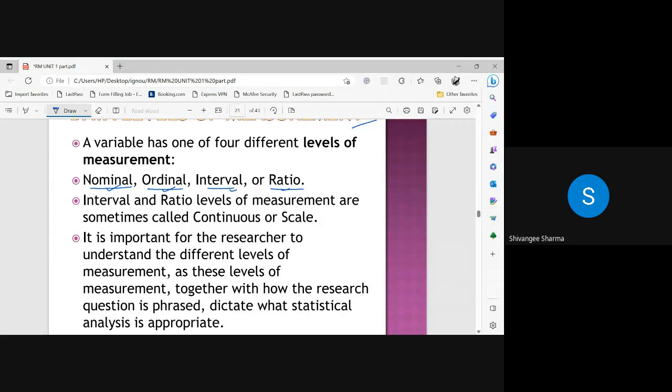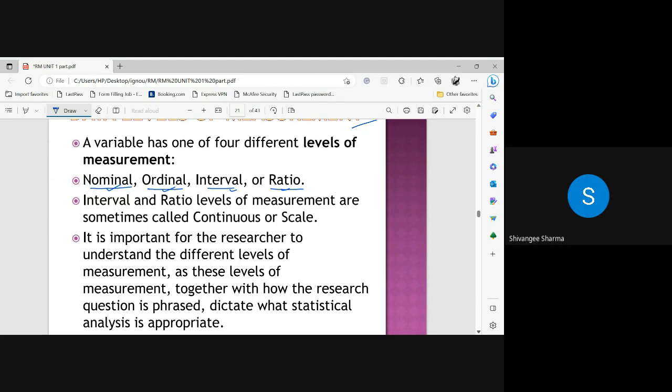And it is very much important for a researcher to identify whether your research is using variables that are nominal, ordinal, interval, or ratio. Then only you can perform any statistics if you know whether your data is nominal, ordinal, interval, or ratio. If you don't know, then you cannot apply any statistics in your research.